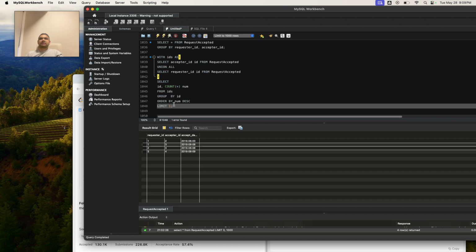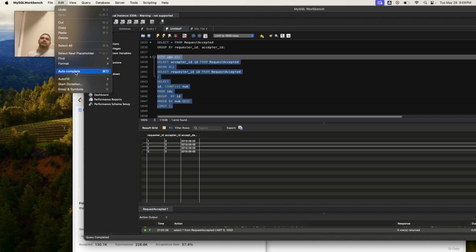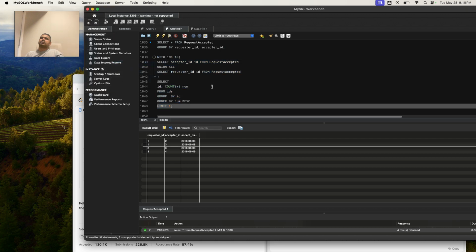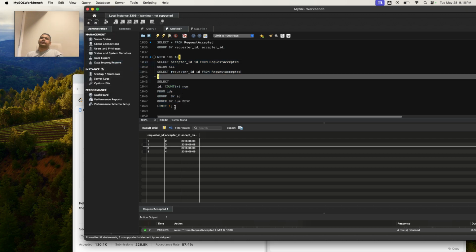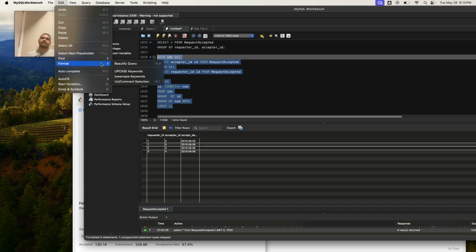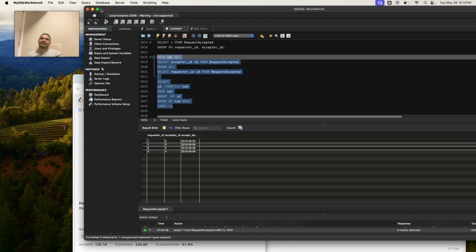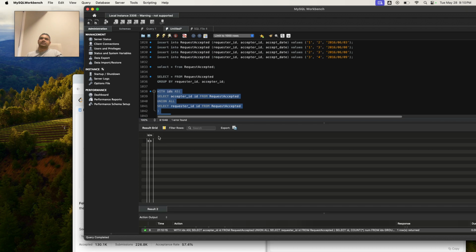My thoughts are bad right now, but it's fine. Beautify is not working as expected, it's already formatted. Okay, we can run this, and you can see the result here.